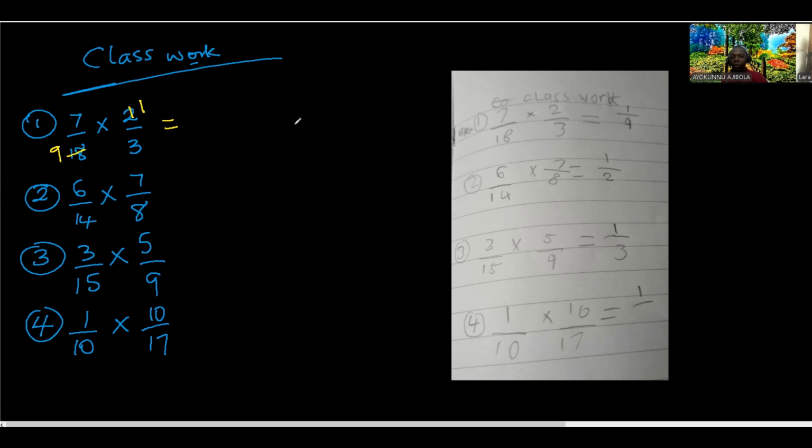So which numbers remain at the top? 1 and 7. So 1 times 7 is what? 7. And 9 times 3 is what? Or 3 times 9 is what?